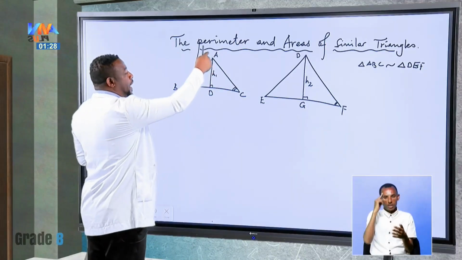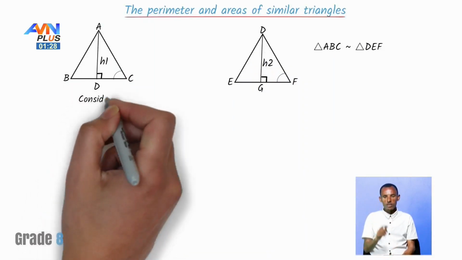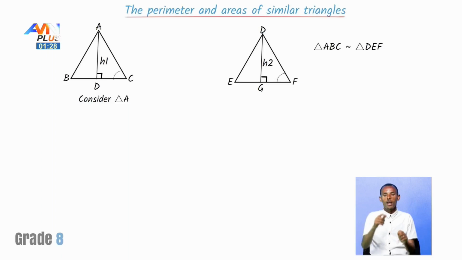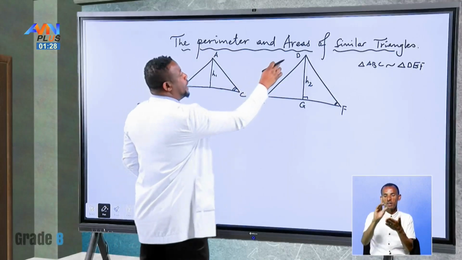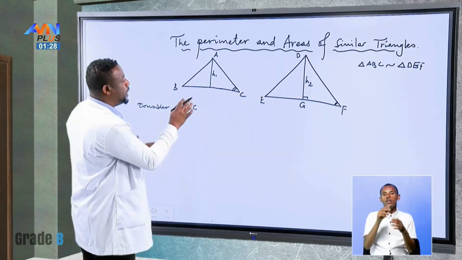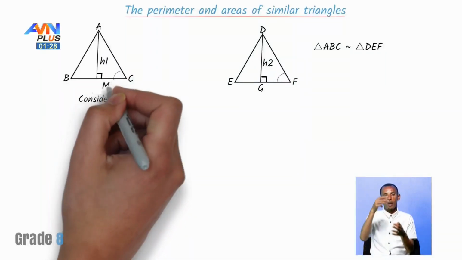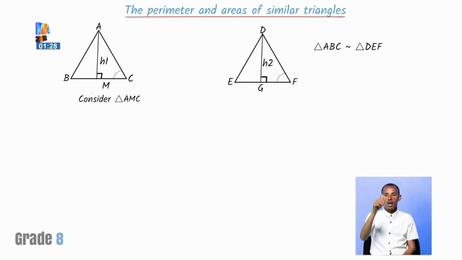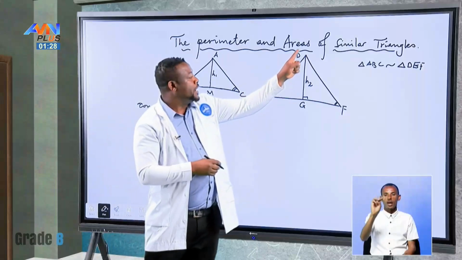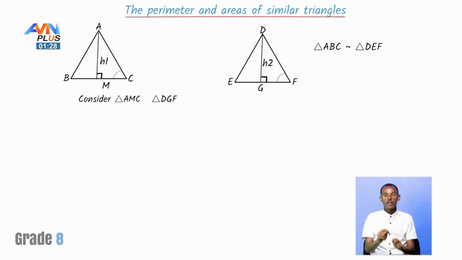Consider triangle ADC, and, to avoid similar notation, let me change this point to say M. Now consider triangle AMC and triangle DGF.